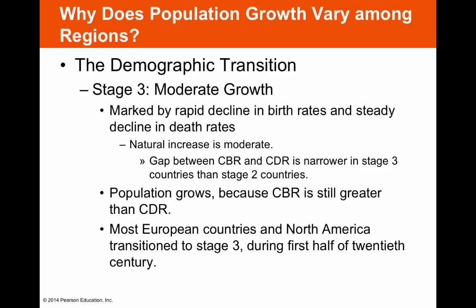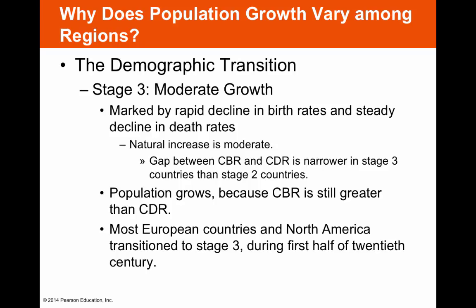So the population grows because the crude birth rate is still greater than the crude death rate. So we have more people being born than people dying. And most European countries and North America transitioned into stage 3 during the first half of the 20th century.